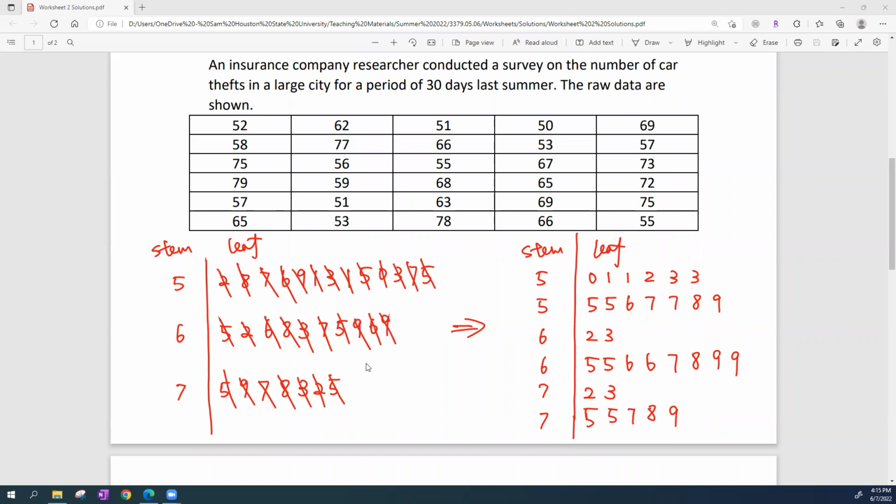To make the final version of the stem and leaf plot, there's one requirement, right? We have to put all the leaf numbers in proper order. However, for this one, we only have 3 levels for the stem, which is not very good to show the distribution of the data.